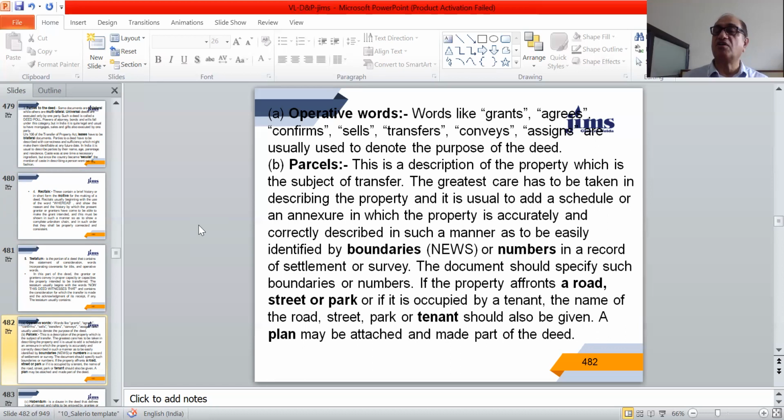Its dimensions are not mentioned. Length and breadth of the plot to be sold is not mentioned, and how the property is bounded on all the 4 sides is not correctly written. So this is a very, very important duty on your part as an advocate to write down the correct parcel of land as to what is going to be transferred by this deed.